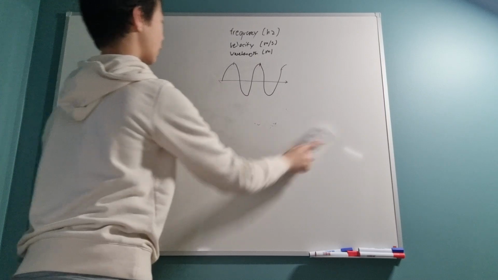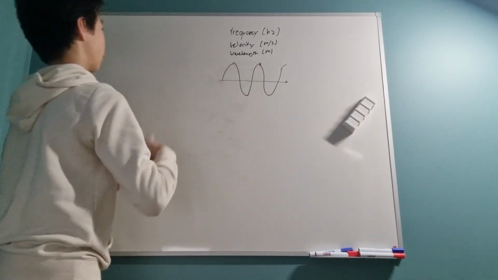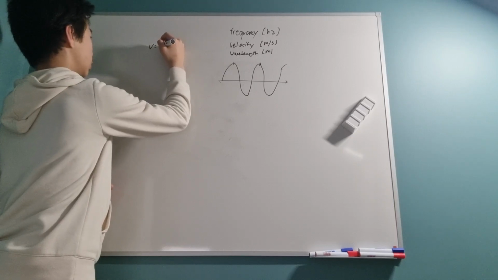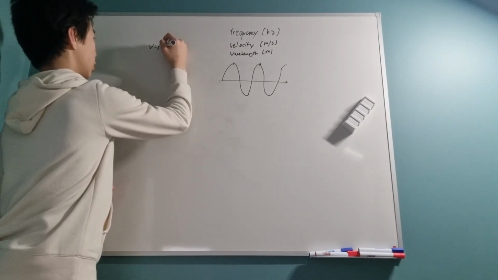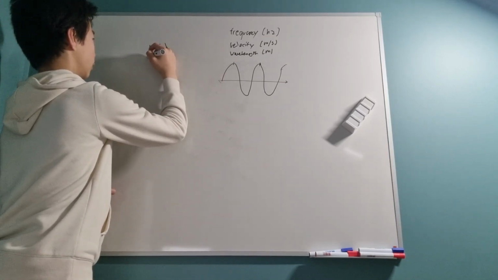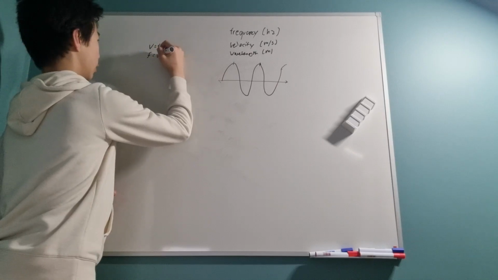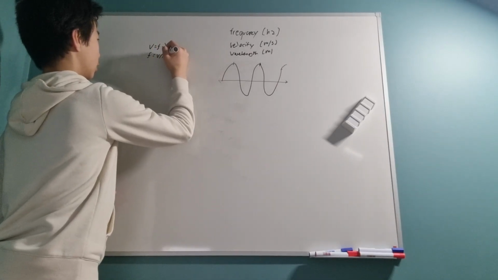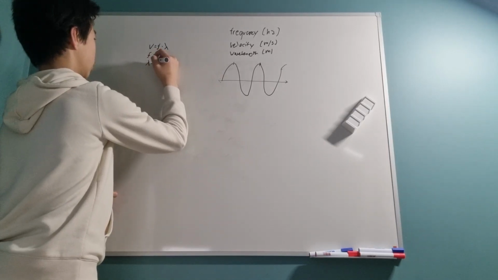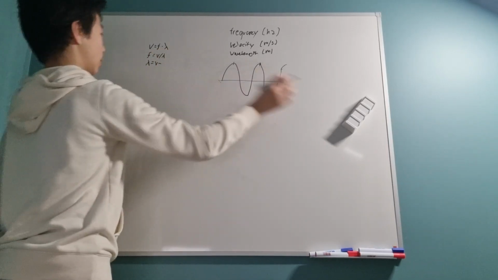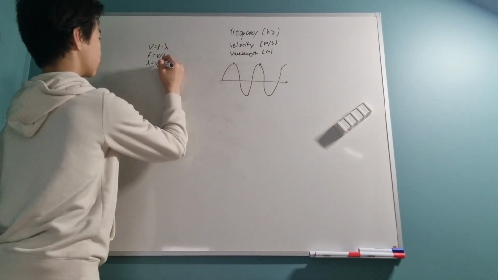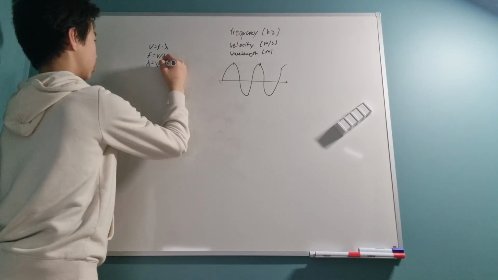So let's start with writing them down again. The velocity equals the frequency times wavelength. The frequency equals velocity divided by wavelength, and the wavelength equals velocity divided by frequency.